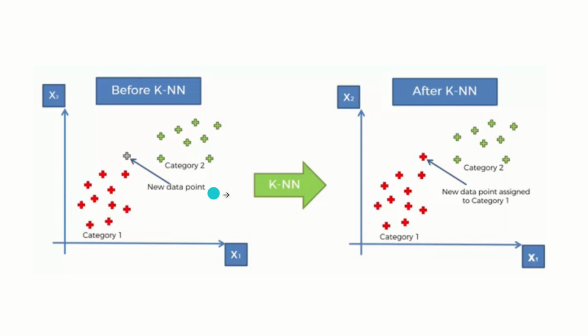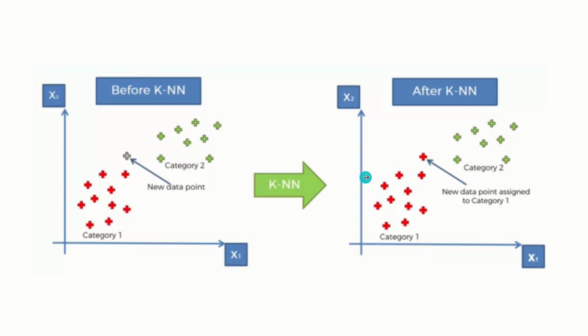You can see in this diagram a little graph on the left side and the right side, before KNN and after KNN. In this case, you can see we have two categories of data available, right? Now let's suppose a new data point comes up, and we need to decide which category it belongs to, the red one or the green one. So this is what we have to discuss today: what are the steps so that we can end up getting this result on the right side, that this data point belongs to the red category.